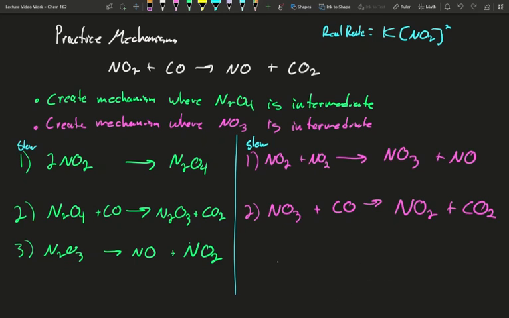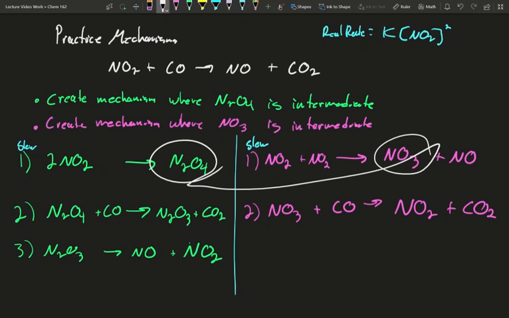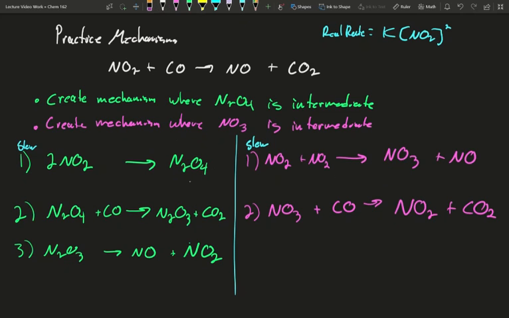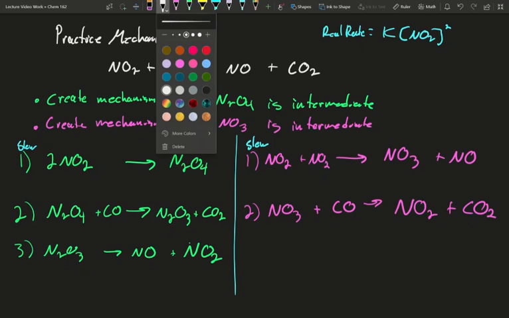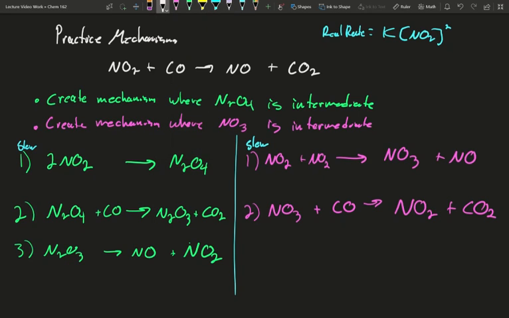You might be able to spot, say, NO3 or N2O4 or N2O3. That could help you determine if one of these mechanisms was more likely. So the idea of how do we kind of think about elementary steps, what could combine to make certain intermediates, guided here with a few suggested intermediates to look at.